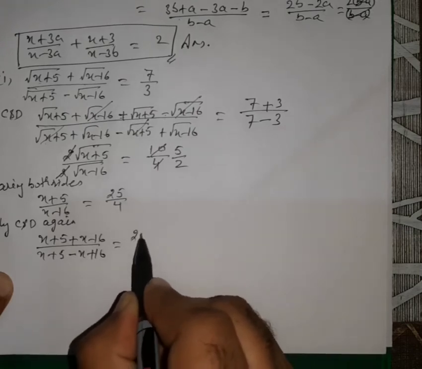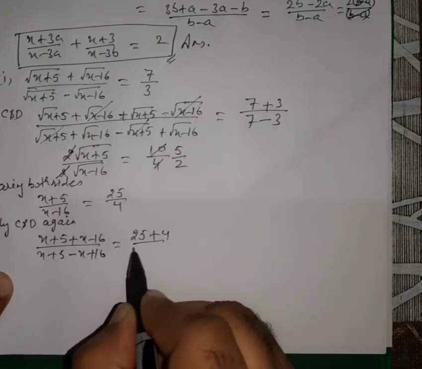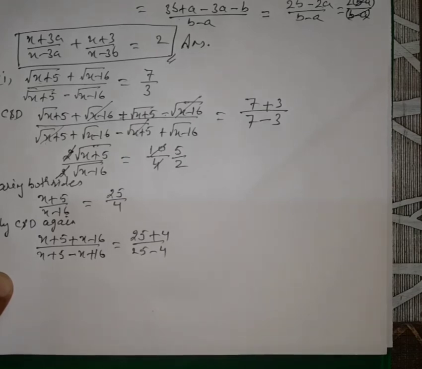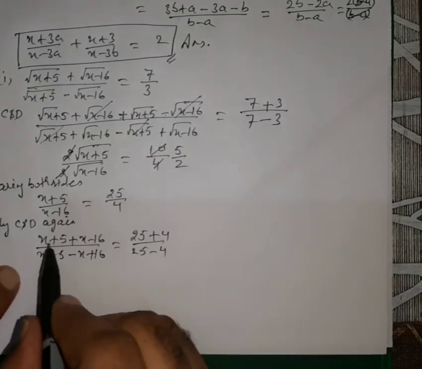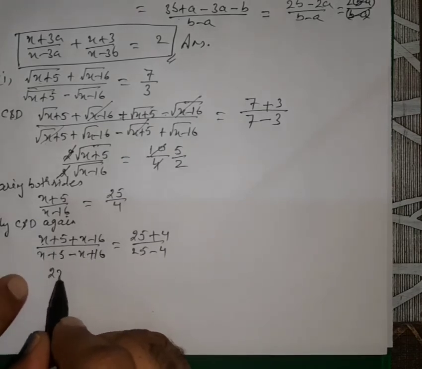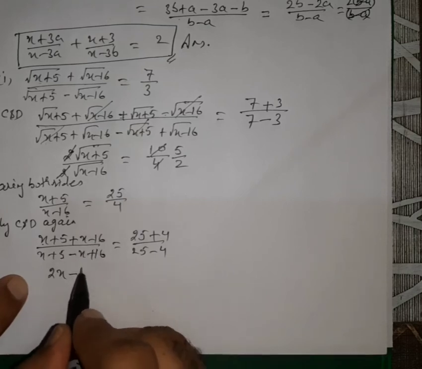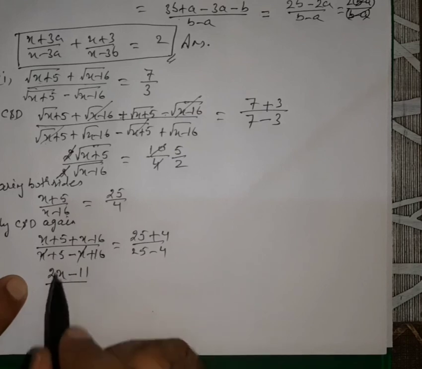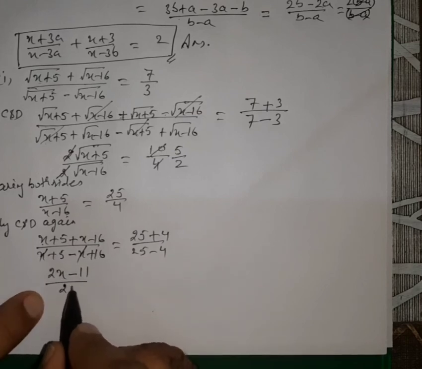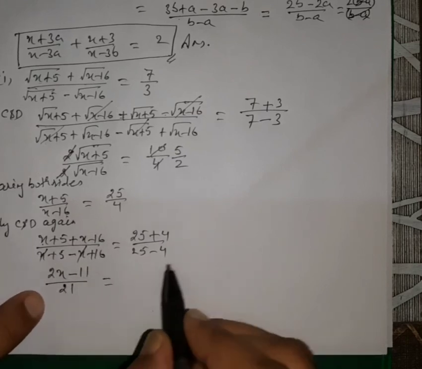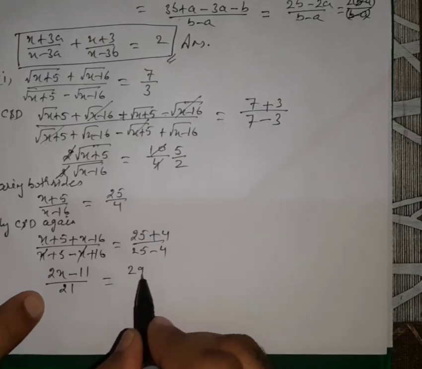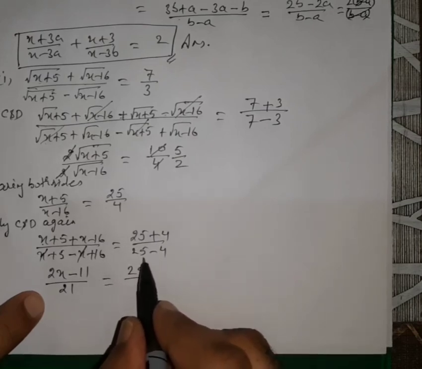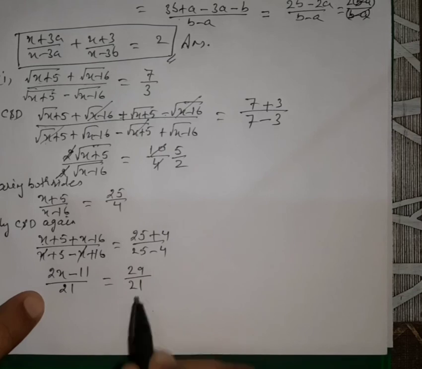That will be equal to, on the right side, (25 + 4)/(25 - 4). Now from the numerator, x + x is 2x, and 5 - 16 is -11, and from the denominator these two will get cancelled. So 16 + 5 is 21. 25 + 4 is 29, and 25 - 4 is 21.